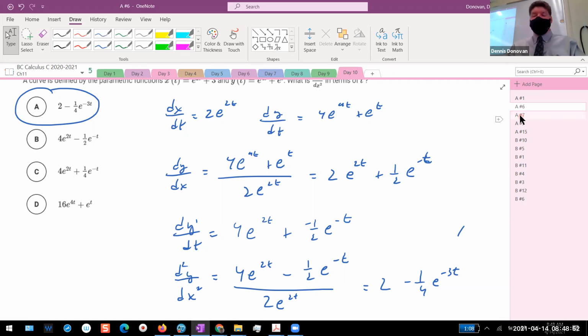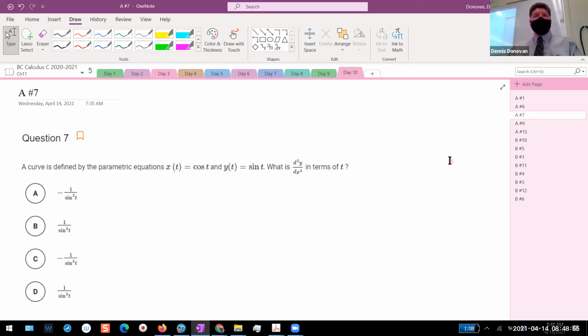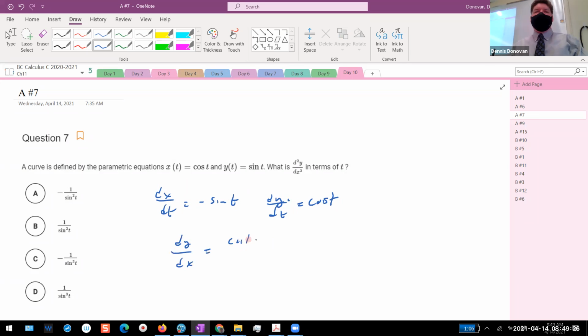All right, let's look at 7. Hey, look at this. Second derivative again. Seems to be a pattern here. The dx/dt is negative sine of t. dy/dt is cosine of t. dy/dx is cosine t over negative sine of t, which is negative cotangent of t, right?